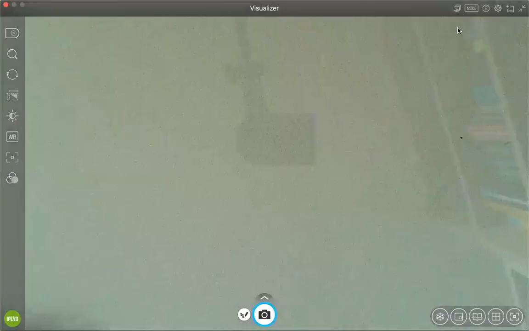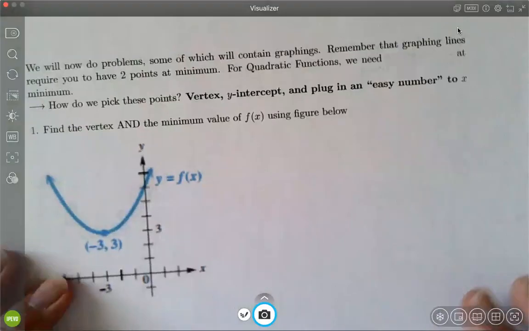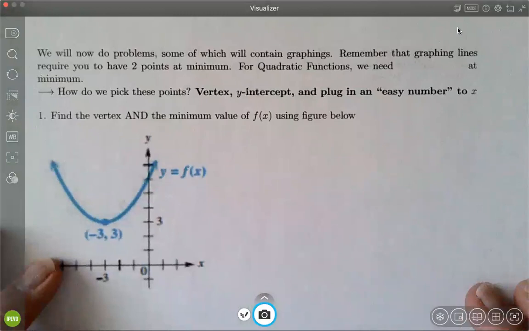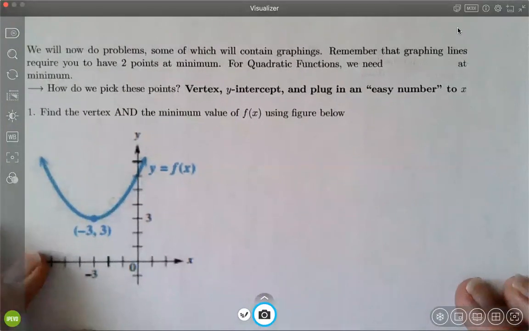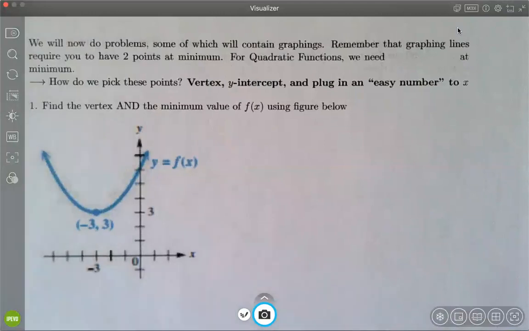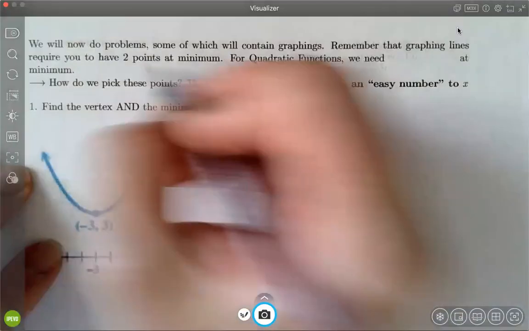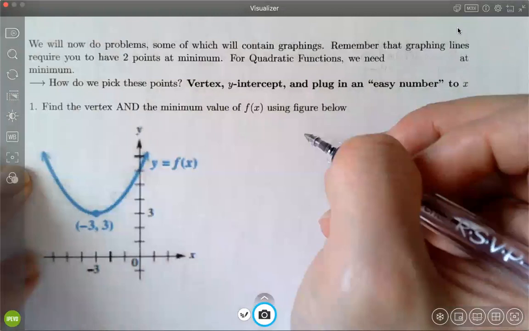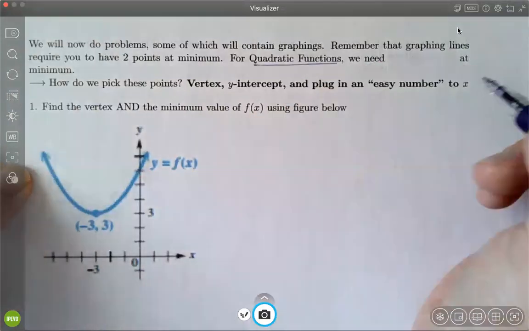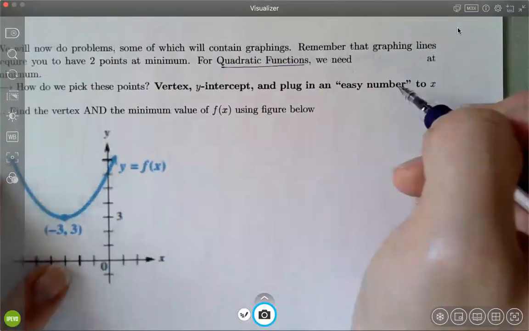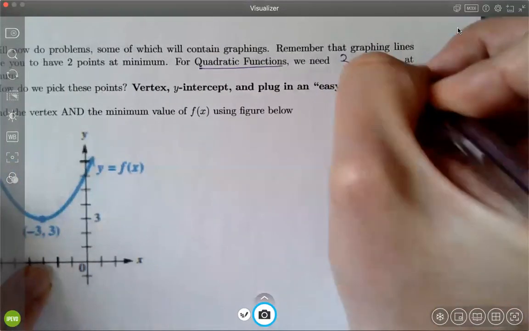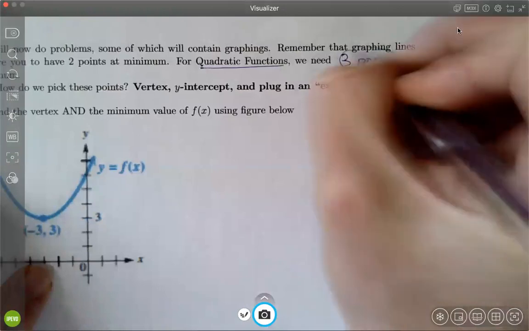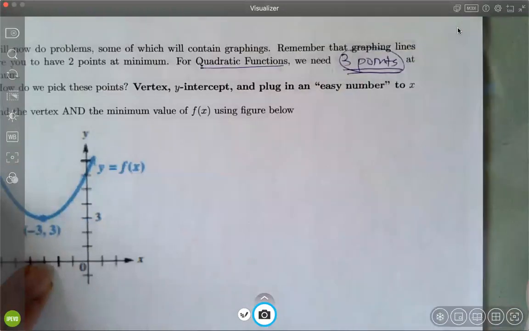So, before we do any problems, remember that when you graph a line, you had to have what? 2 points at minimum, right? X and Y intercepts. For parabola, quadratic functions, how many points at minimum do we need? 3. We need 3 points at minimum.